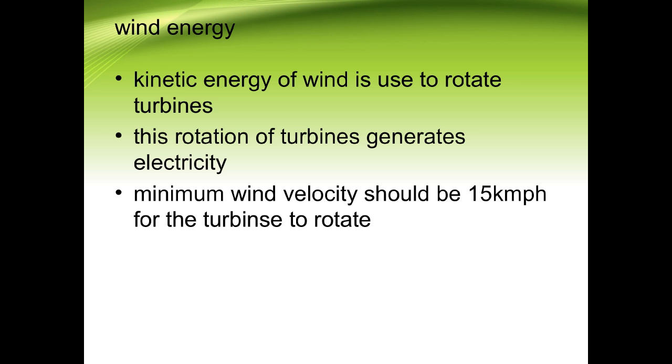But there is one limitation of wind energy: a constant wind should flow, and the wind velocity should be 15 km per hour for the turbines to rotate, children.